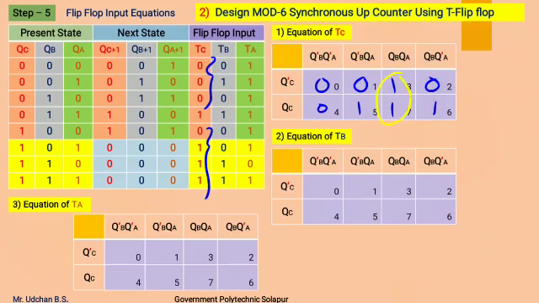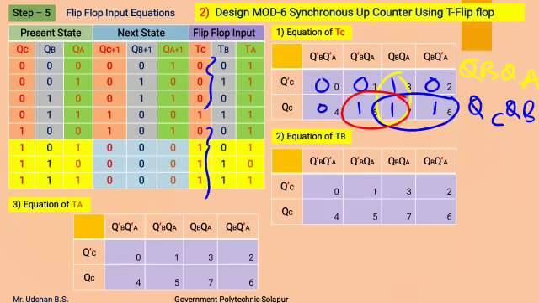This is 1, giving the equation as QB QA. After that we can have this pair giving the equation as QC QB. We already know how to write this. After that we can have this third pair which will give the equation as QC QA. We are going to add all these 3 terms to get TC.